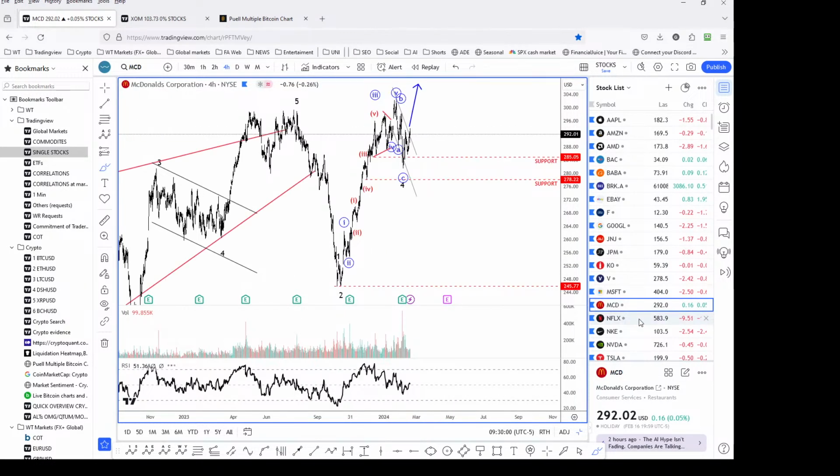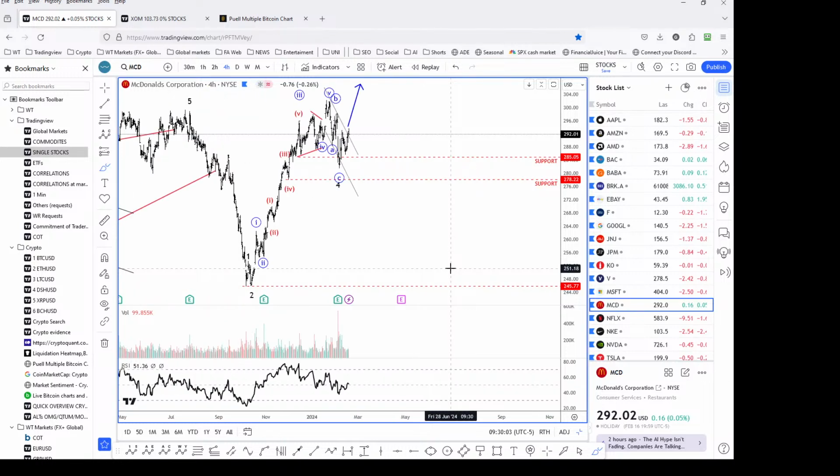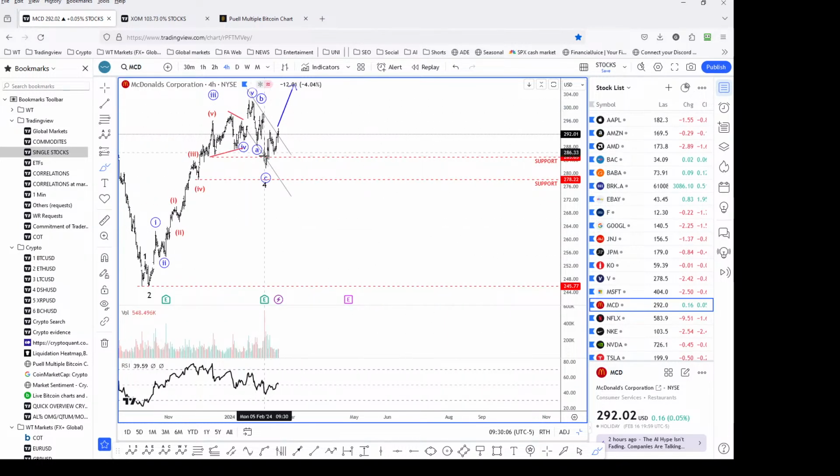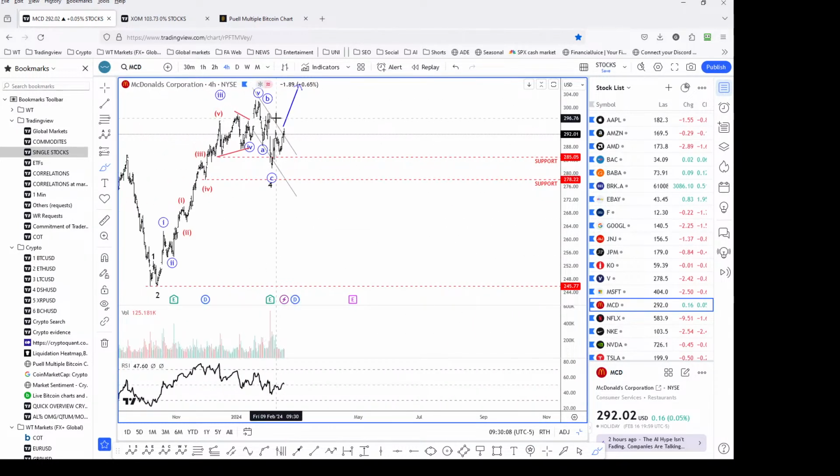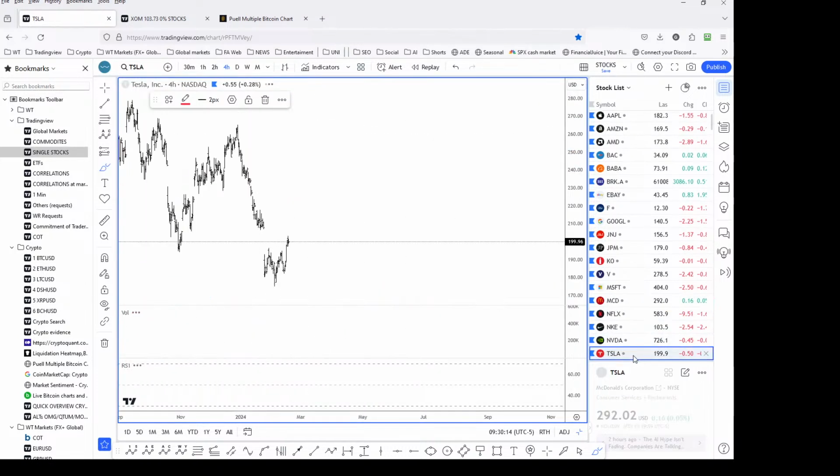Let me check what I have left. Here's also McDonald's, some very nice ABC drop, open gap higher. I think this broken channel could really provide much of the gains here.